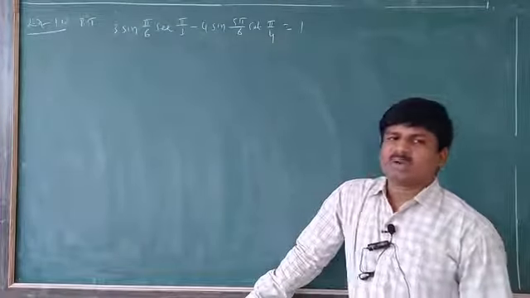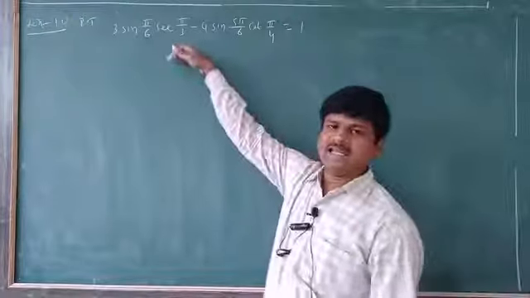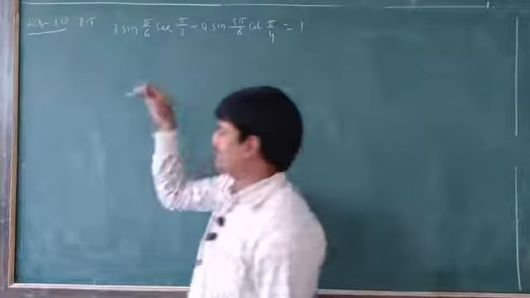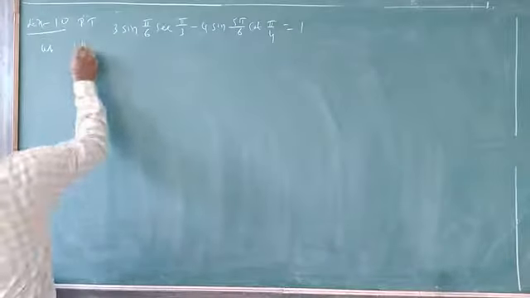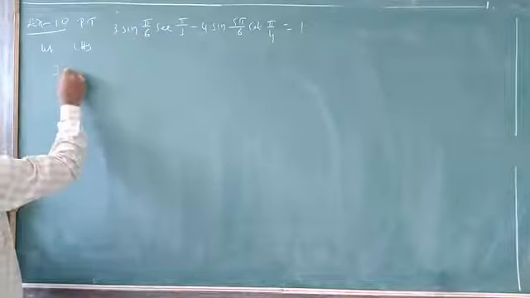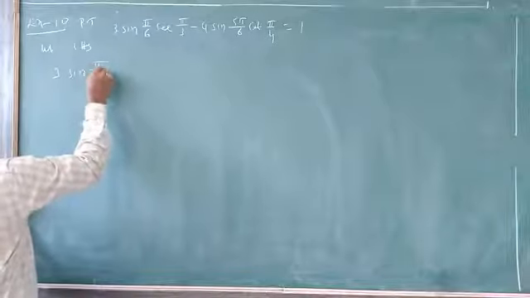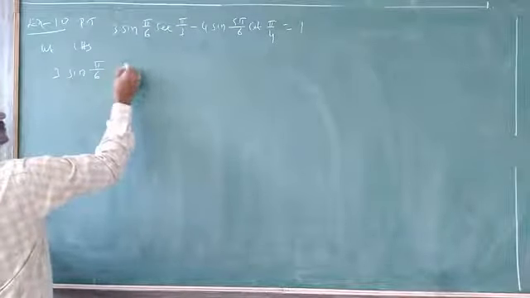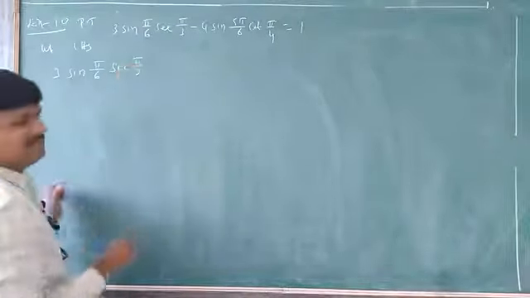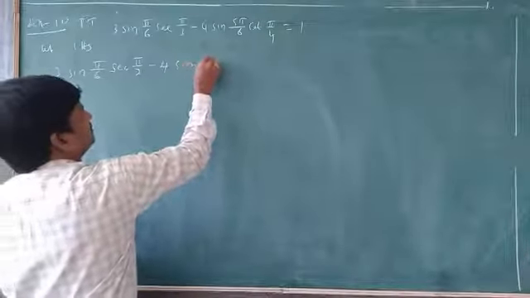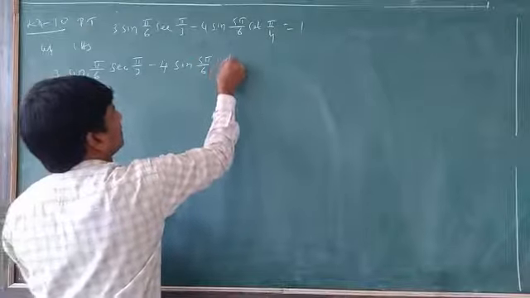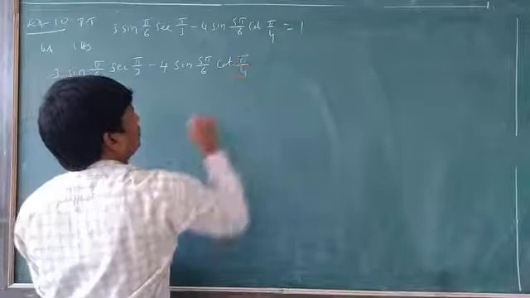To prove this, we have to take the LHS. Let LHS be 3 sin pi by 6 secant pi by 3 minus 4 sin 5 pi by 6 cot pi by 4.